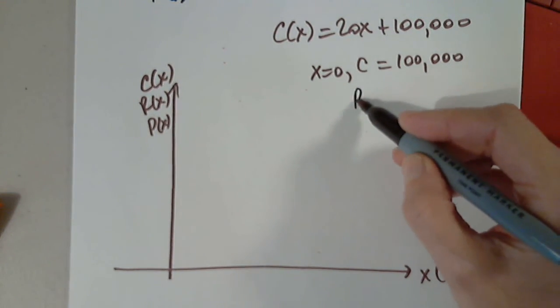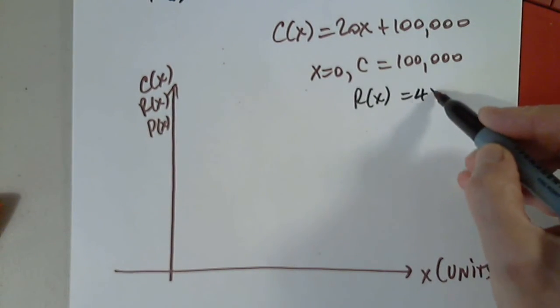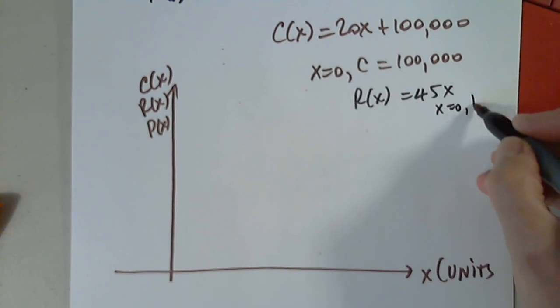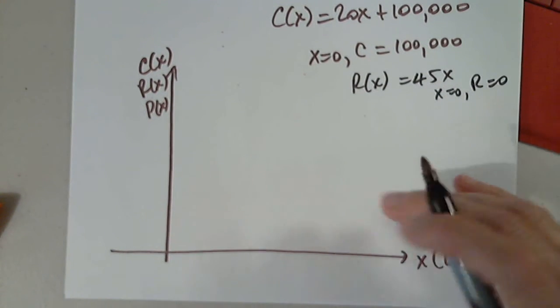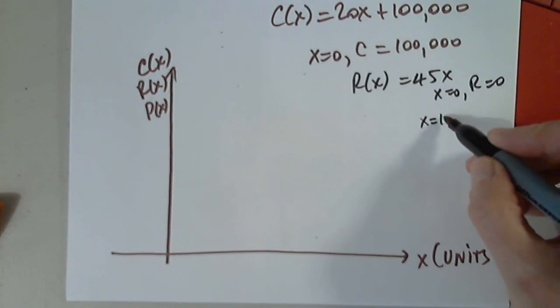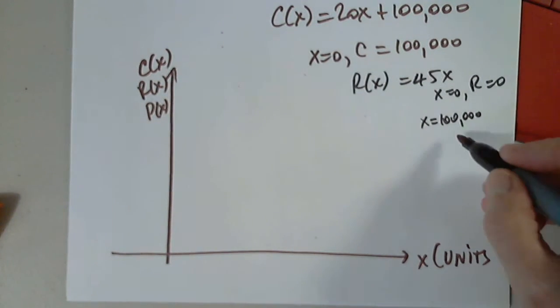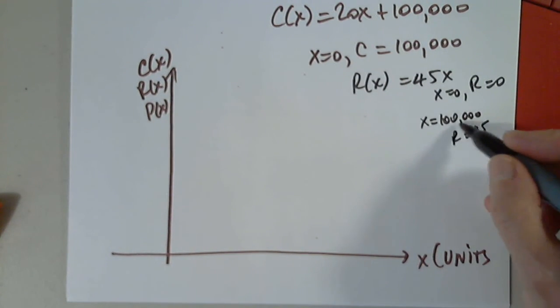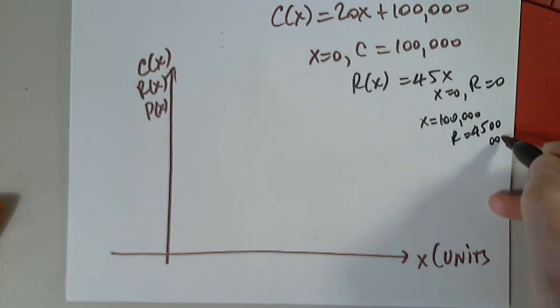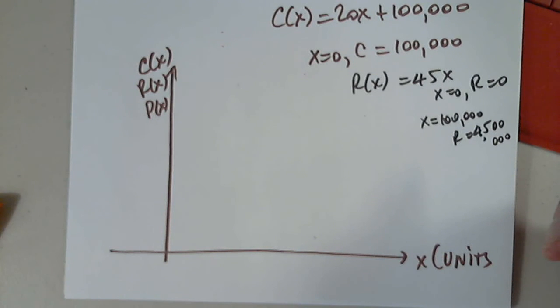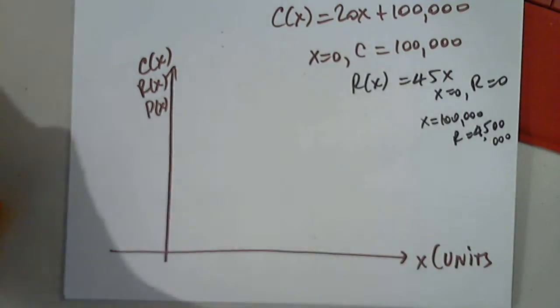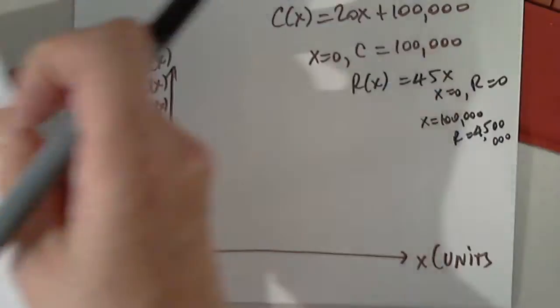So for revenue, when X is 0, the revenue is 0. When X is, let's say, 100,000, that would be 45 and 5 zeros, so that would be 4 million. I don't have to go that high, although we do have 150,000 calculators.